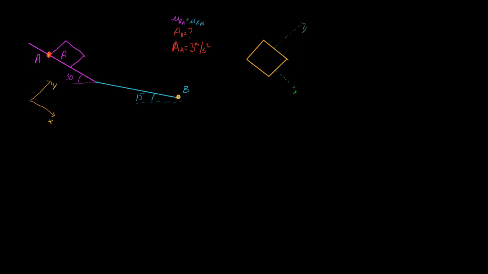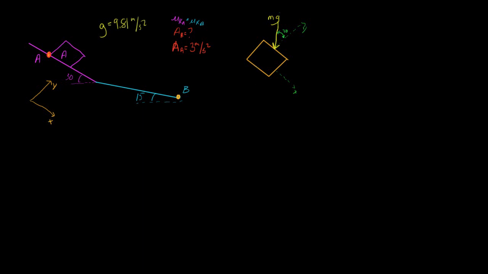We know that we've rotated it 30 degrees. We also know that we are going to have some force that acts straight down, which is its weight. So the force is m times g, where gravity is equal to 9.81 meters per second squared.